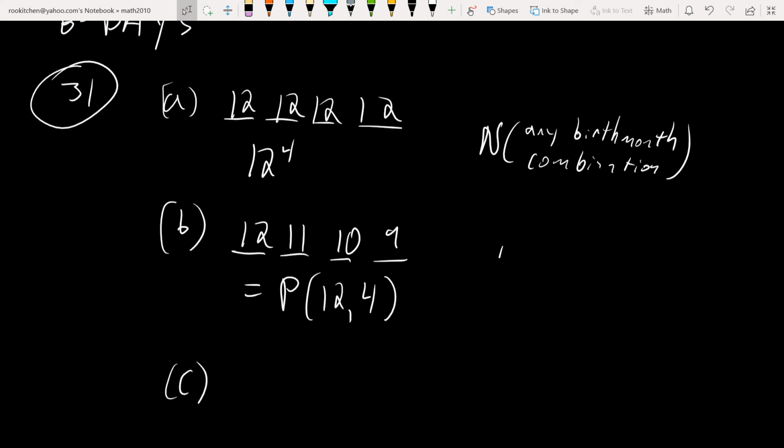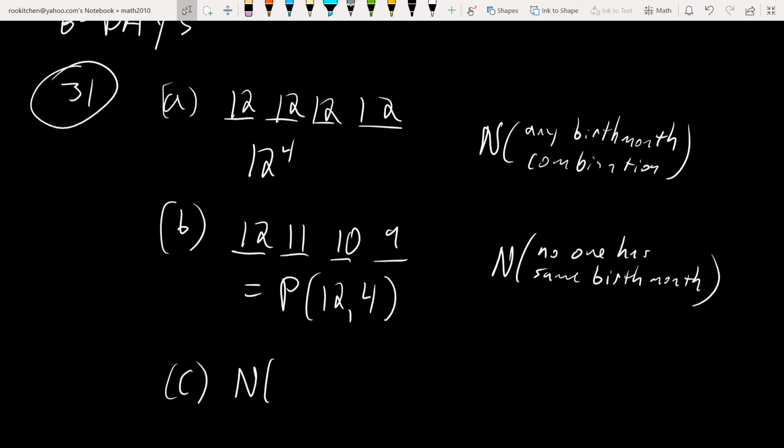The second set was the number of possible ways that no one has the same birthday or birth month. And then we want to know the number of ways that at least 2 people have the same birth month.